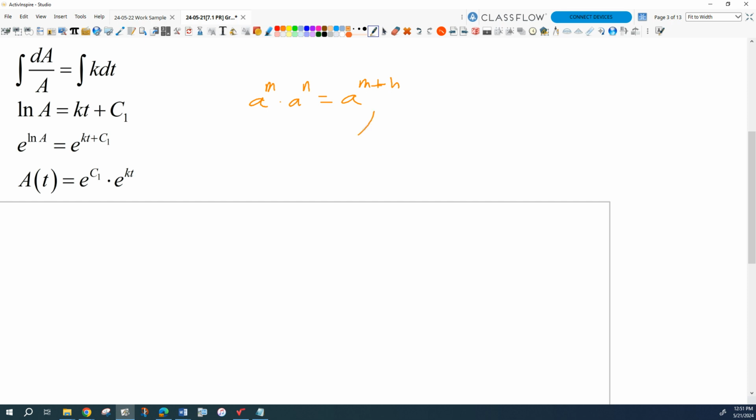We could also start here and go that way. I could split e to the kt plus C1 into the product of e to the kt times e to the C1. Everybody agree? Good so far? e to the C1 is a constant to a constant. e is a constant, right? So I'll just call e to the C1 some other constant, call it C.